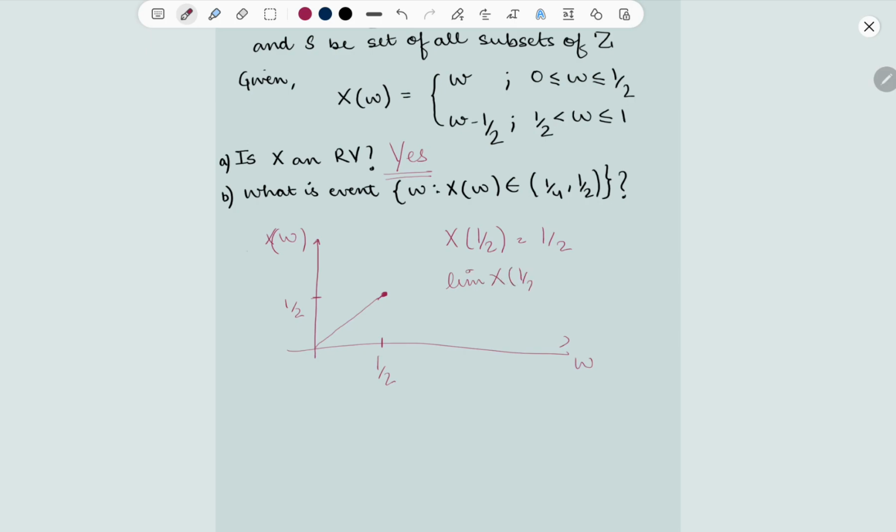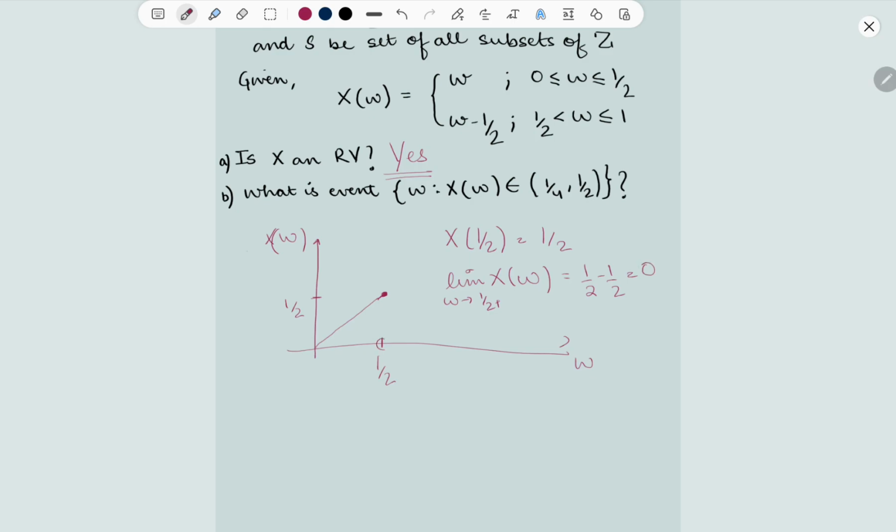Or we can just use the limit, where omega tends to 1/2 from the positive side. What we have to find is the value, so it would be 1/2 minus 1/2, which is equal to 0.